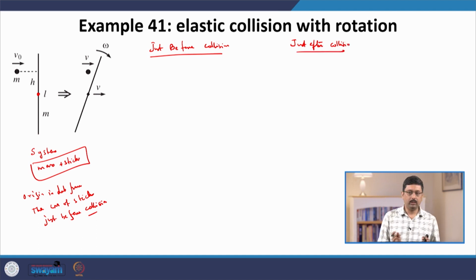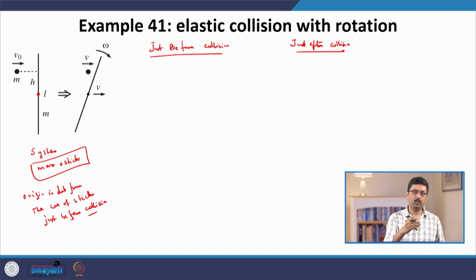Now we are going to look at the motion of the system. In this case, it is clear that there is no external force acting during the duration of the collision. So, we are going to ignore the effect of gravity in this problem. Just for the duration of the collision, if the collision time is very small, we can ignore the effect of gravity. This is our assumption. So, in any case, if we apply the conservation of momentum in the horizontal direction, there is no force in the horizontal direction.